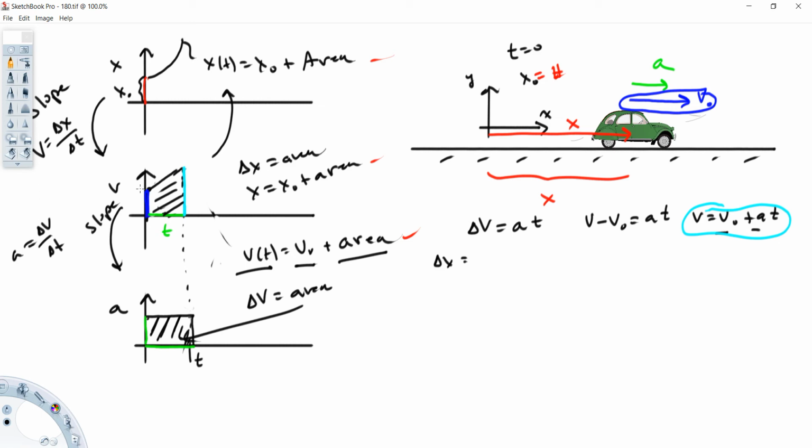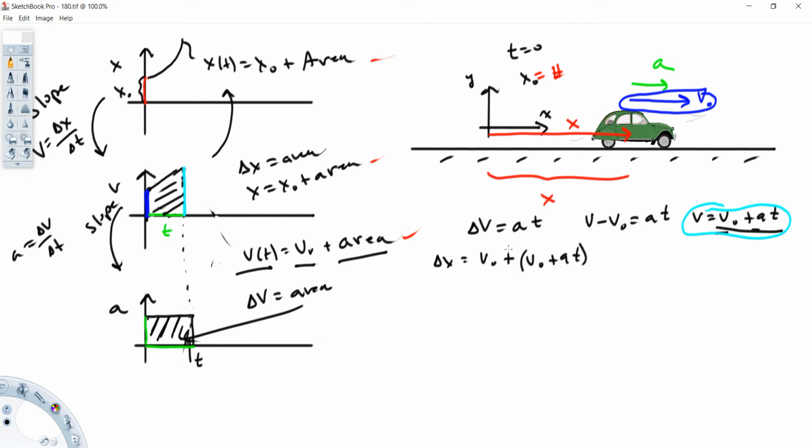If you're not familiar with finding the area of a trapezoid, I've got videos on that, so just go review them, but it's basically the left plus right divided by 2 times the width. So in our example here, the left is what we're calling v sub o. The right is described by this function, v sub o plus acceleration times time.